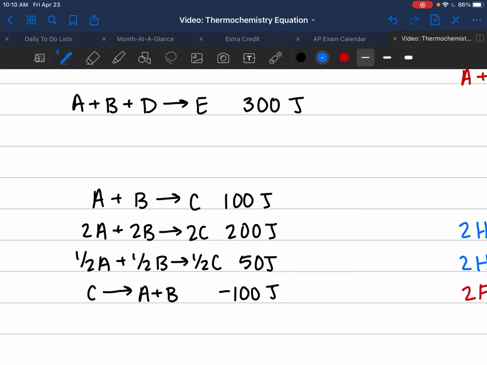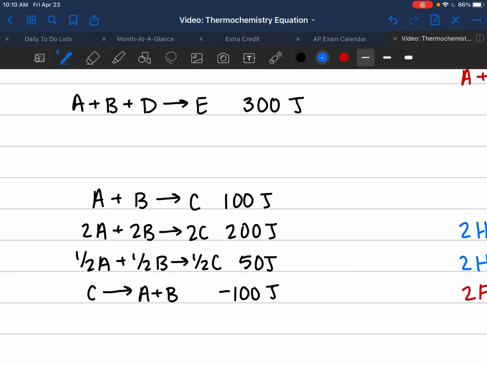That 100 joules multiplied by 2 is just 200 joules. Now let's think if we had half of all of those things. If we had half of that A for a reactant, half of the amount of B for a reactant, and we're yielding half of the amount of C as our product, we take that enthalpy of 100 and just divide it by 2. So we get 50 joules.